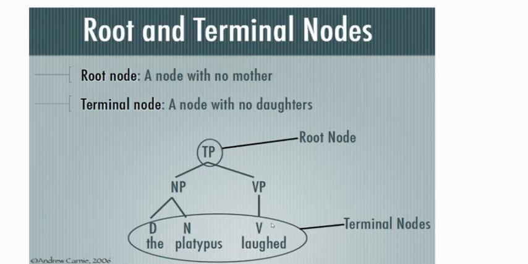Now I got it. And another question, Professor. You just mentioned that TP stands for tense phrase, which is the subject, right? Yes, it was previously the subject, but nowadays they use TP instead of subject.